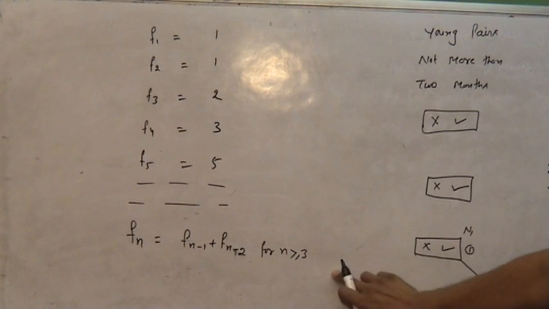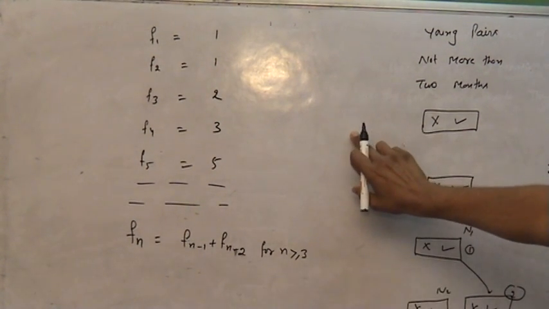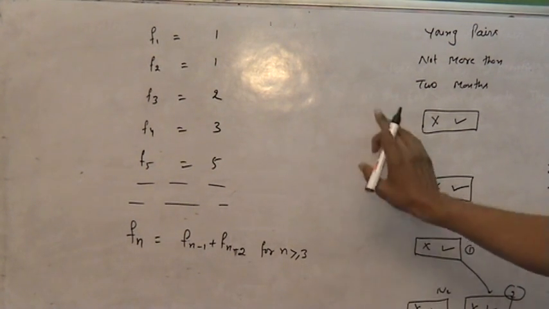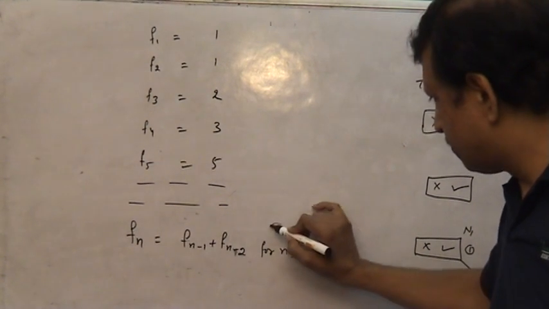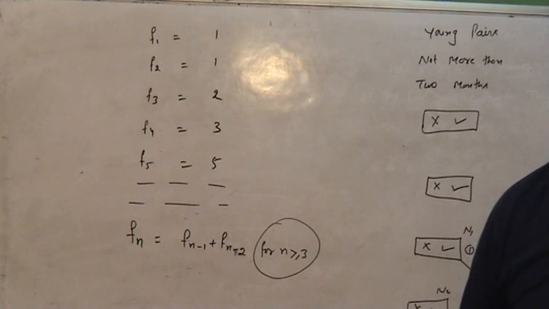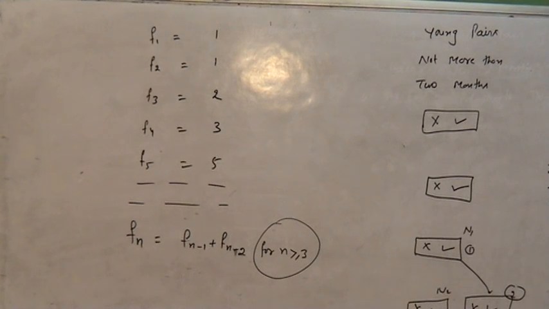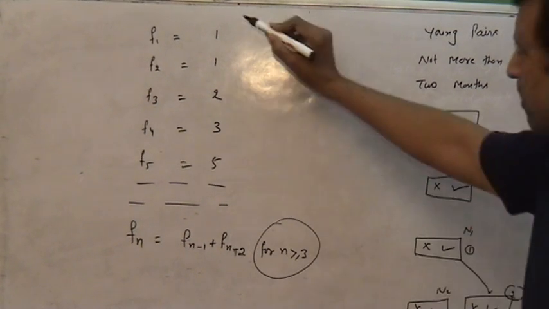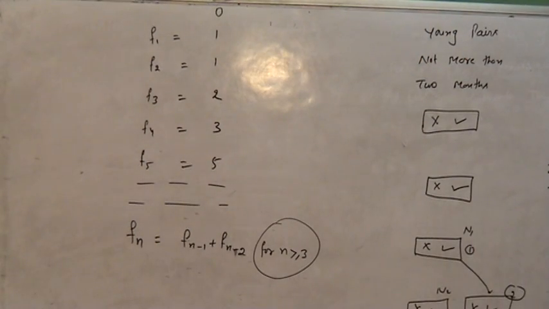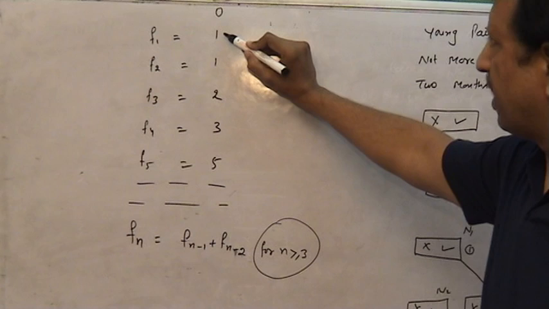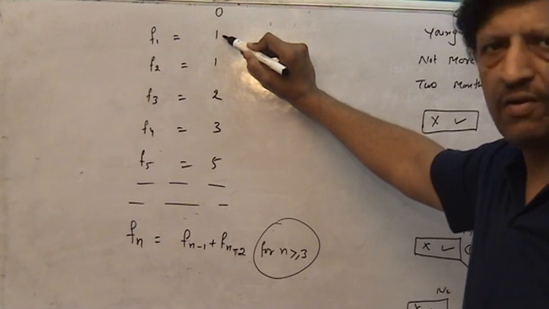But I have taken breeding at the end of the second month but reproduction at the end of the third month. So you will see certain differences in certain books or on certain websites, but they are the same. They will start the sequence with 0, but I don't consider the 0 here. I considered it started from the 1.